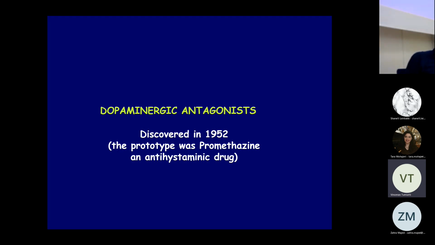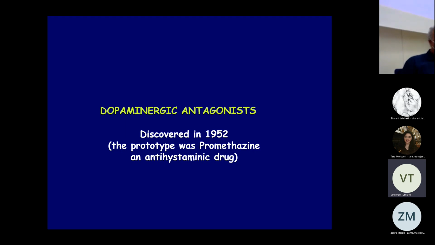We have already described the importance of dopamine agonists to treat Parkinson's disease. But in 1952, some medical doctors observed some interesting side effects of a class of particular compounds able to antagonize the activity of histamine.